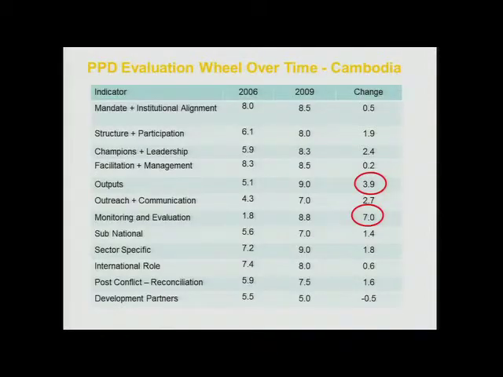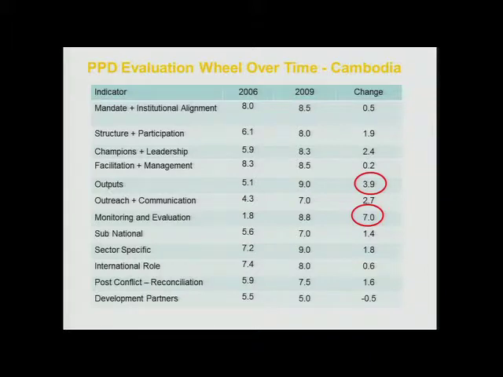Now, with such a methodology, you can look at change over time of the same dialogue platform, like here in Cambodia between 2006 and 2009, where you see a large amount of change on the monitoring and evaluation, for instance. In 2006 they had very little monitoring and evaluation mechanism set internally in this dialogue process.